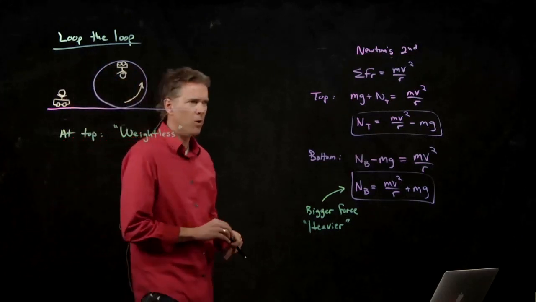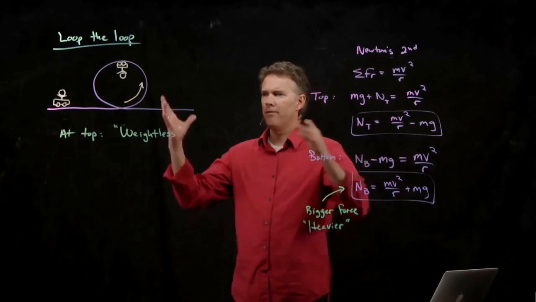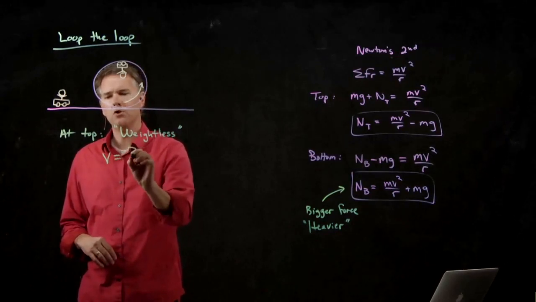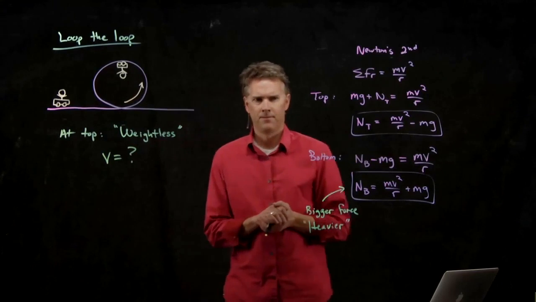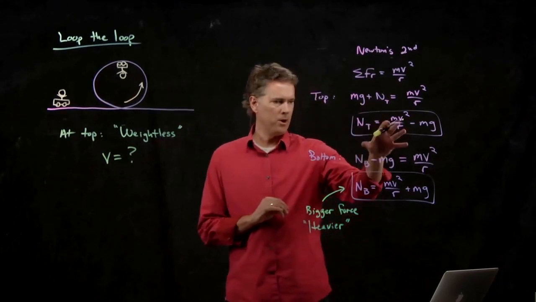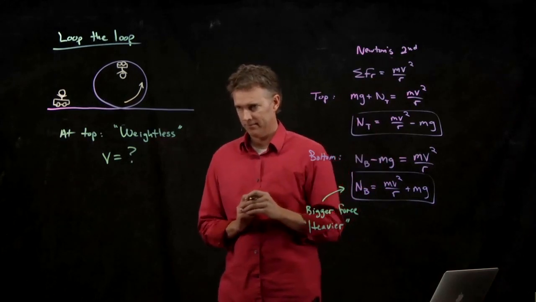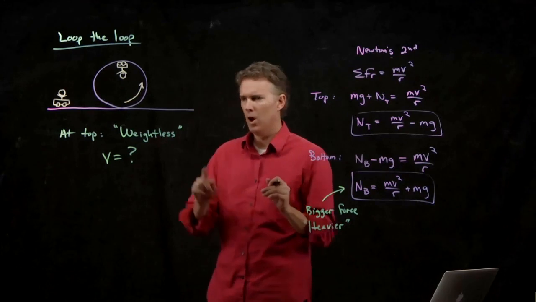Okay? If you are weightless at the top, how do I figure out what the speed should be? What parameter should I set to 0 over here? The normal force, right?